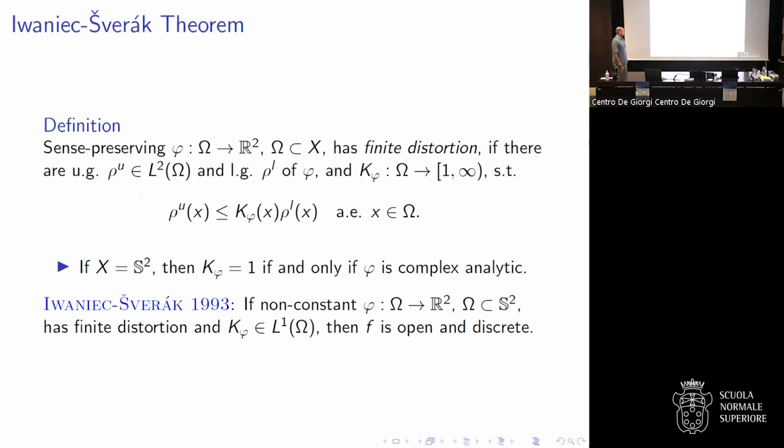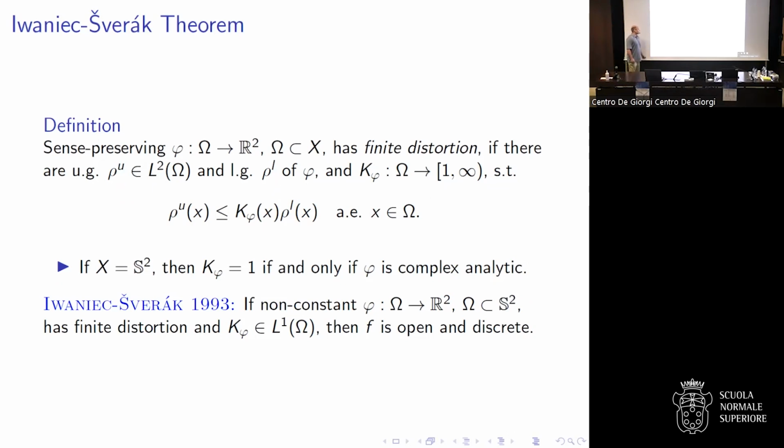So in the Euclidean setting, Iwaniec and Šverák proved that if you have a non-constant mapping like this, and if the distortion is locally integrable enough, then F is not only continuous, but it's open and discrete, which means that open sets get mapped to open sets, and the preimage of every point is a discrete set inside the domain.